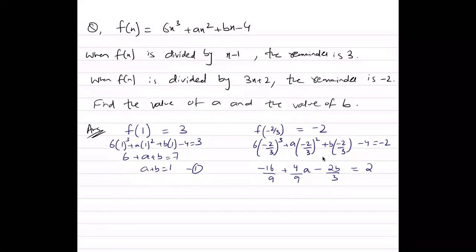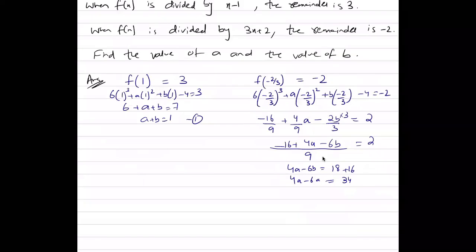So 4a minus 6b equals 18 plus 16. So 18 plus 16 is 34. I can take 2 common out, and this results in 2a minus 3b, and 34 divided by 2 is 17. That is the second equation.